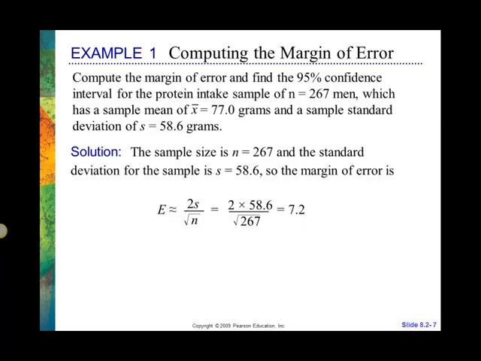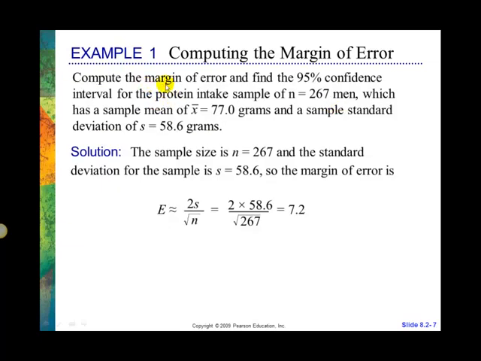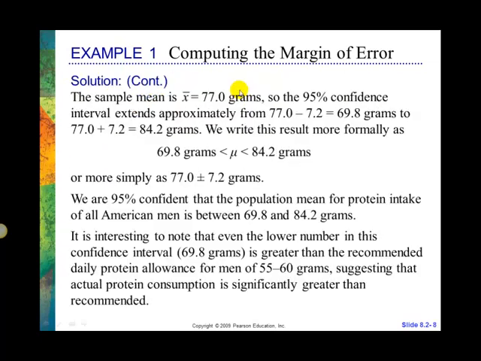That's all they're asking. If we were then asked to calculate the 95% confidence interval, we would take that 7.2 and add it to the 77, and subtract it from 77, and that would give us our range, which is what they're doing next. So first we calculated our error, then we find our confidence interval.